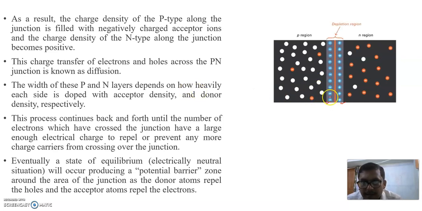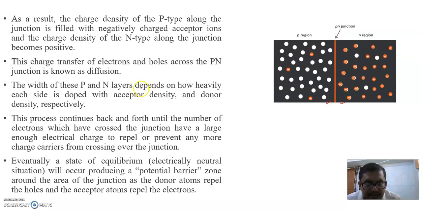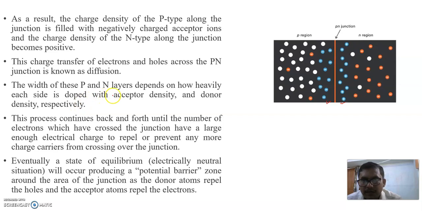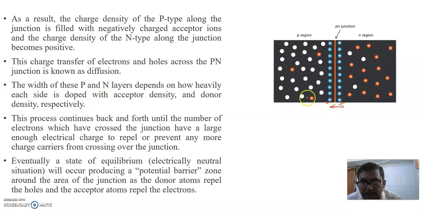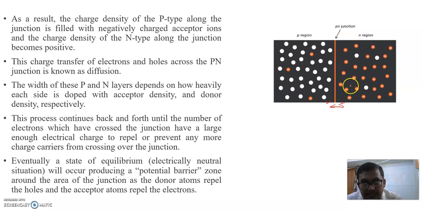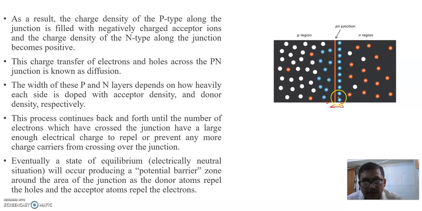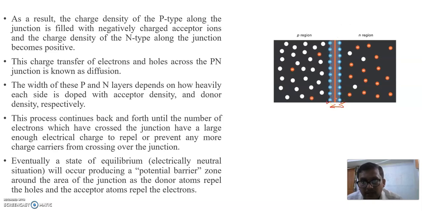The width of this PN layer depends on how heavily each side is doped. The width of the depletion layer depends upon the doping level of the p-type or n-type region. If it is heavily doped, then the thickness of the depletion layer is small, and if it is lightly doped, then the width of the depletion region is more.